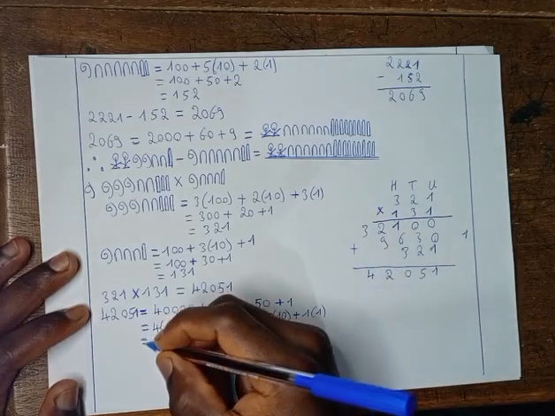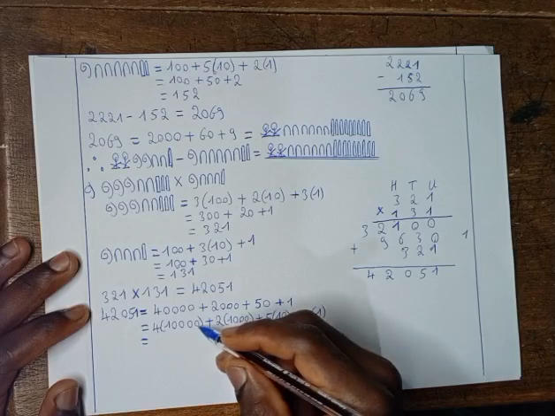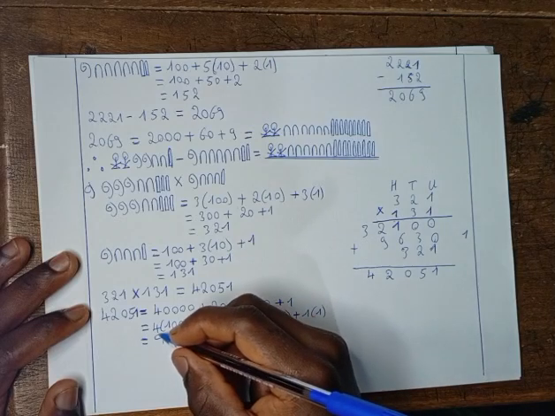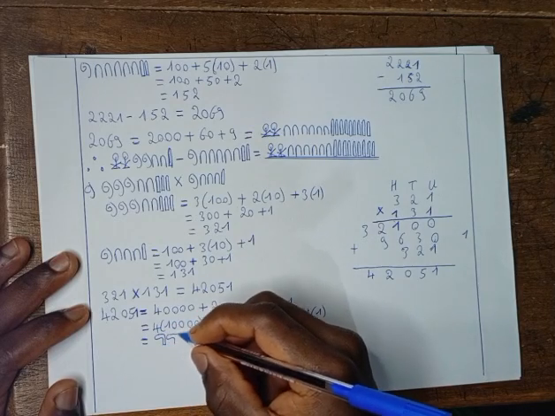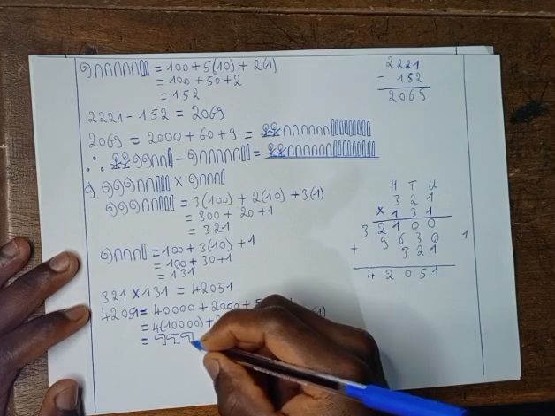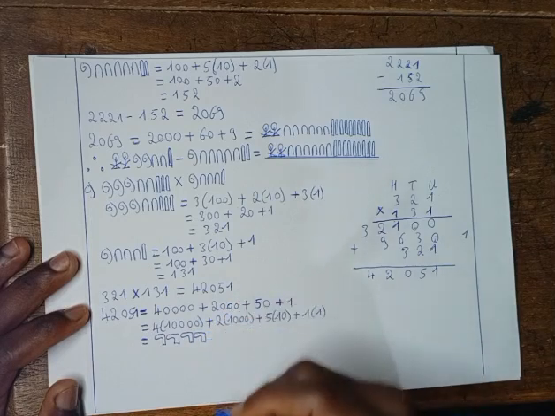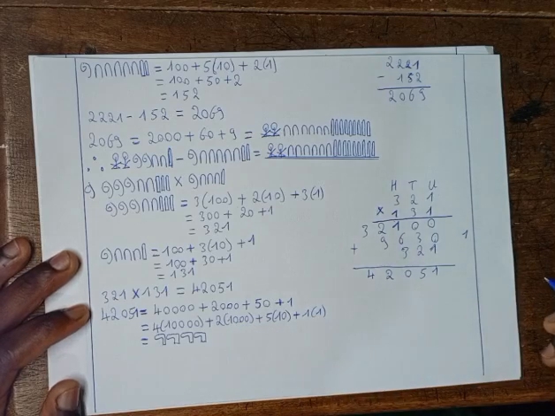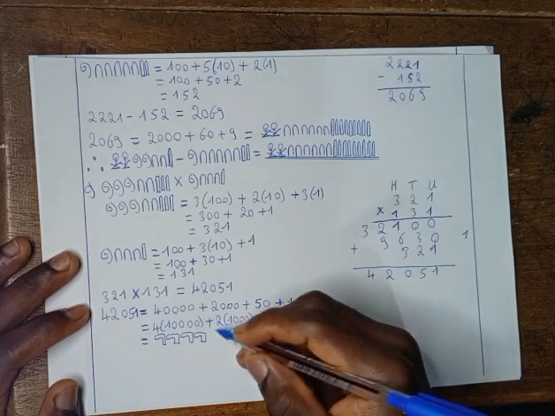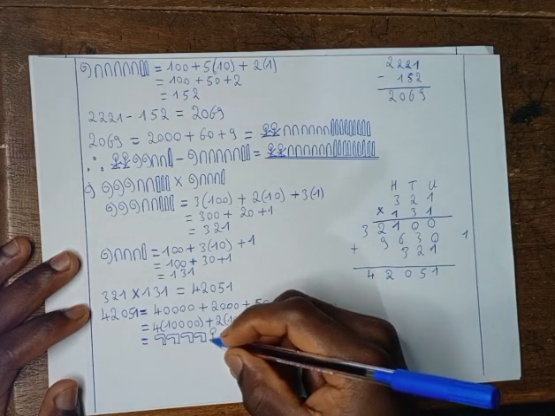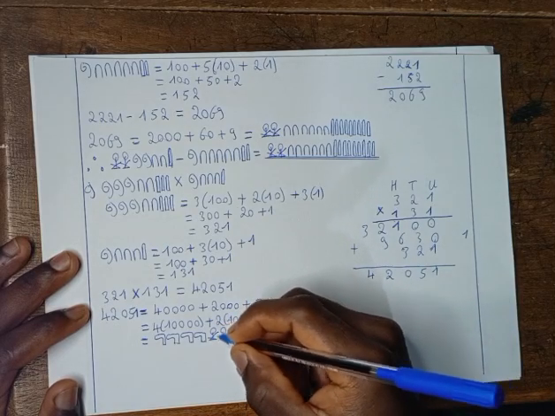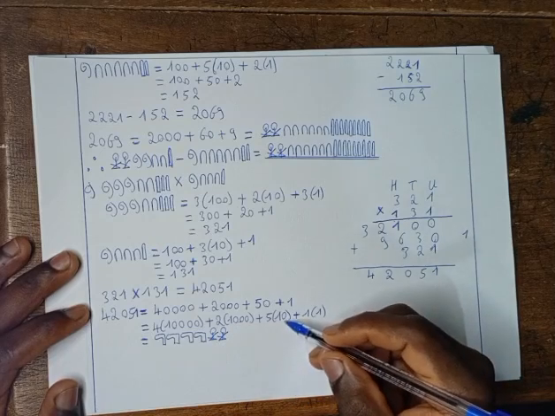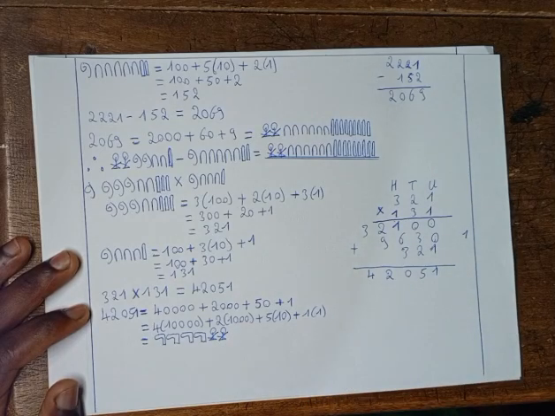So for the number of bent fingers, we have 4 of them: 1, 2, 3, and lastly 4. Next, for 1,000, we know the Egyptians represented 1,000 by making use of a lotus flag. So we have to write down 2 lotus flags. Next, for 10, we know they represented 10 by using a heel bone.